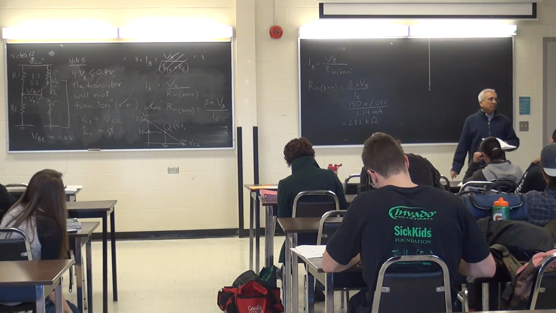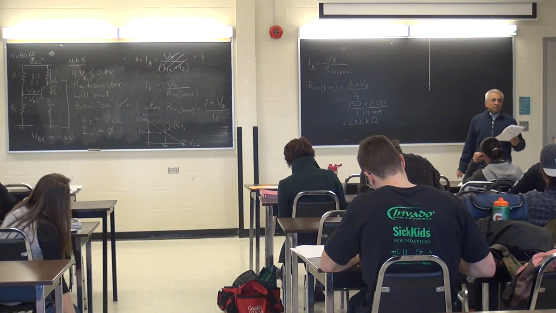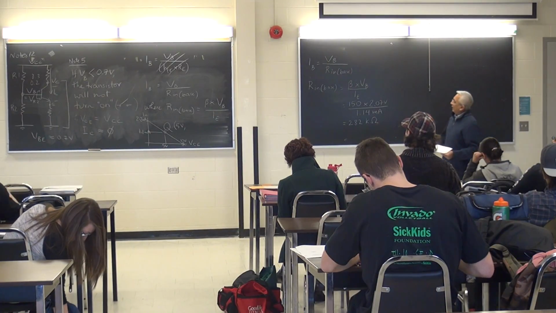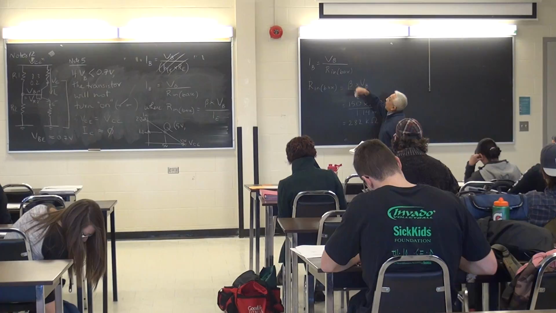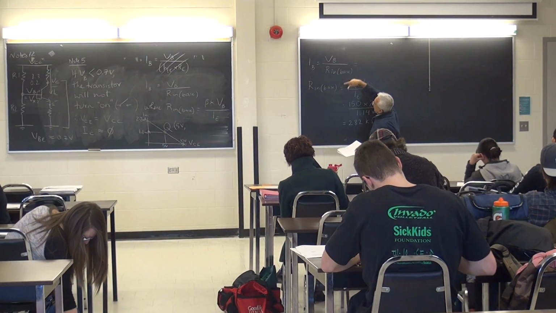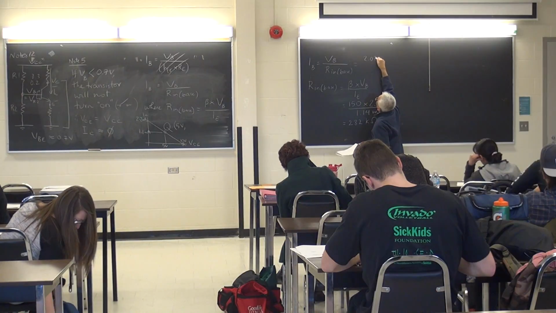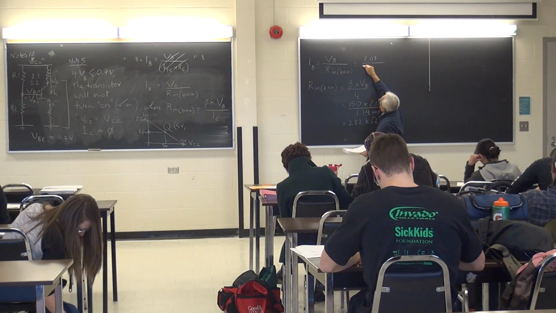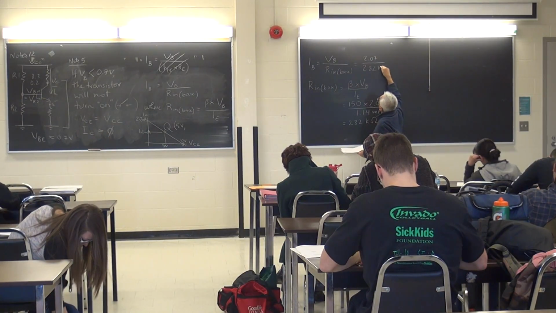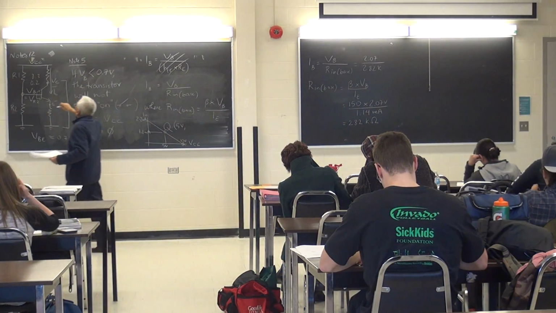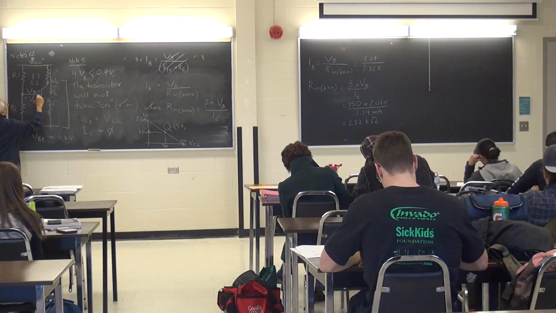Anybody disagree? Okay. So let's now find IB. Let's take this value, plug it in this equation. VB is 2.07 divided by 282K. This 282K is the resistance that I feel right here.